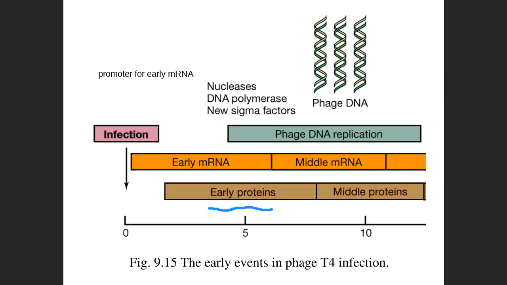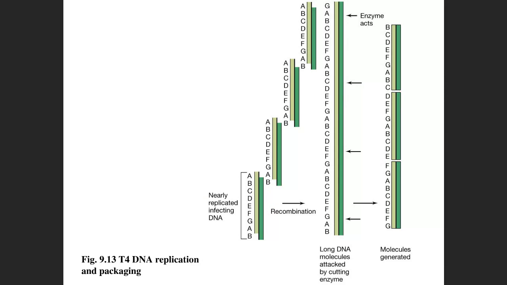Now let's take a look at the phage DNA replication itself, which is an interesting process. Yes, early protein includes the nuclease that cuts the host chromosome DNA into nucleotides so that they can use the nucleotides to synthesize phage DNA.